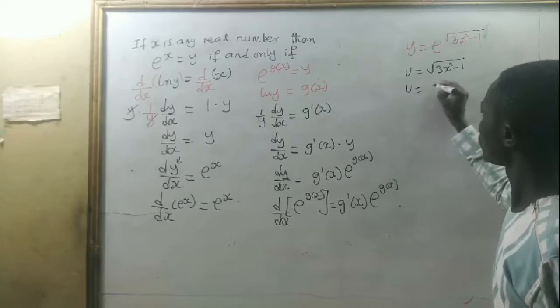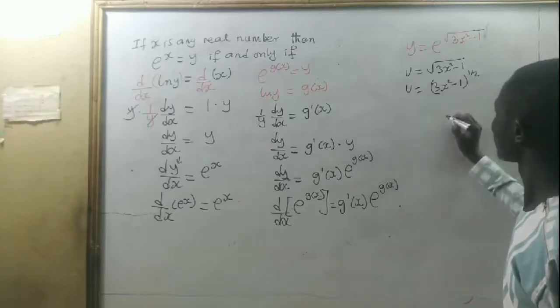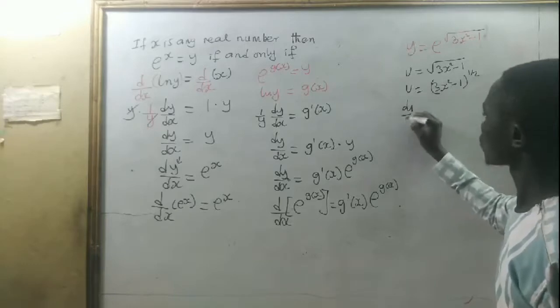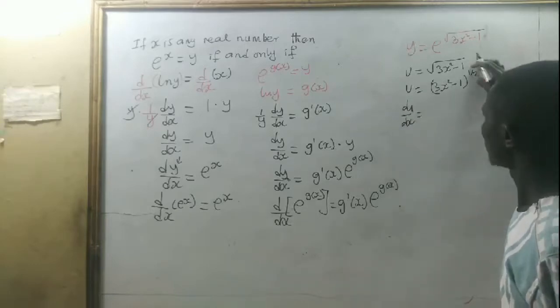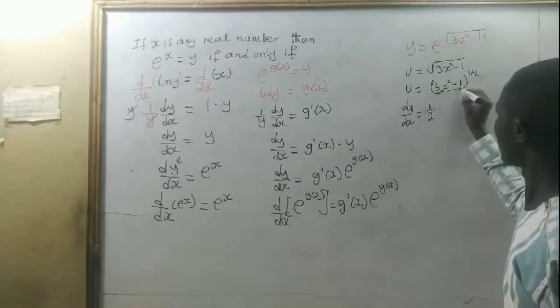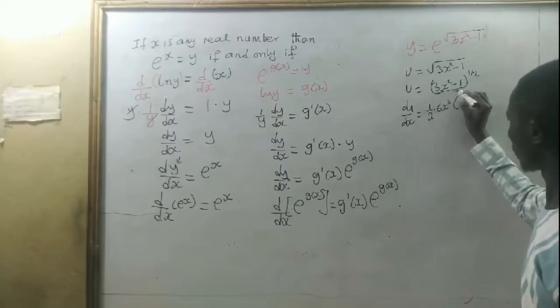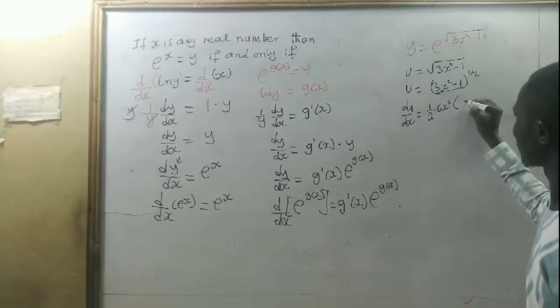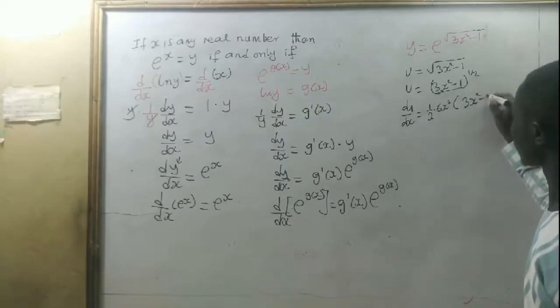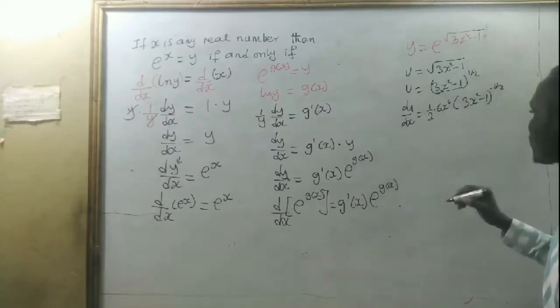Here u equal to 3x squared minus 1 to the power half. And here the derivative of u with respect to x will give us, we multiply by half times, we differentiate the inner one to get 6x, then times the original function inside, that is 3x squared minus 1, then subtract 1 from the half to get negative 1 over 2.